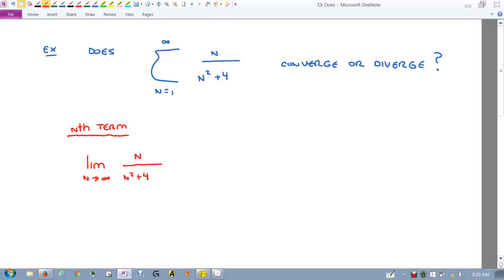That's infinity over infinity, so we can apply L'Hopital's rule. We all understand by now that we would really have to convert it to a function of real variables, but there does come a point where we just say, we get it. We understand what we could do. Remember, you can use an L or an H here, just as long as you represent it somehow that you're using L'Hopital's rule. Derivative of the top is 1, derivative of the bottom is 2n. And that goes to 0. What does that mean? Test fails.